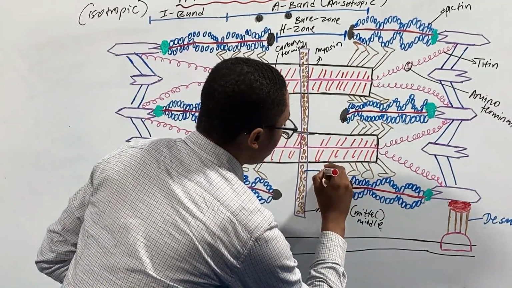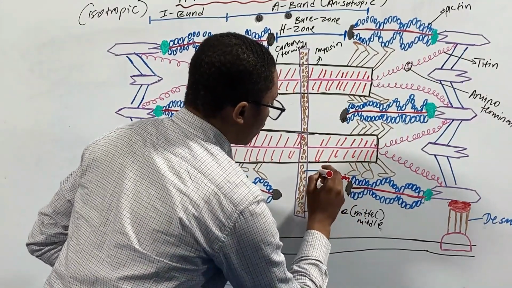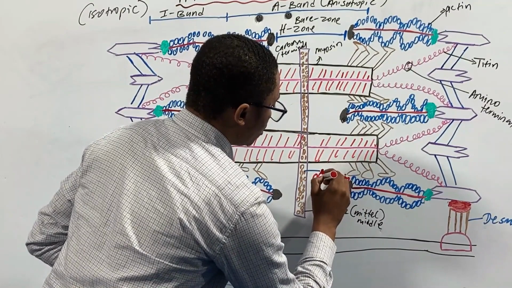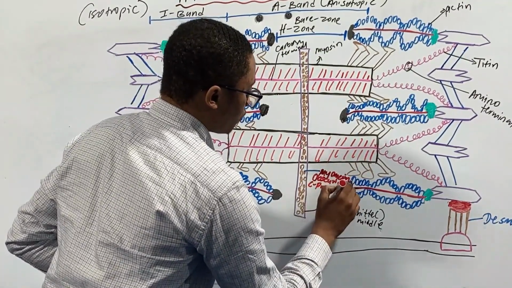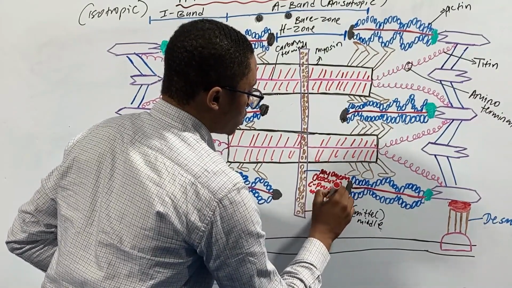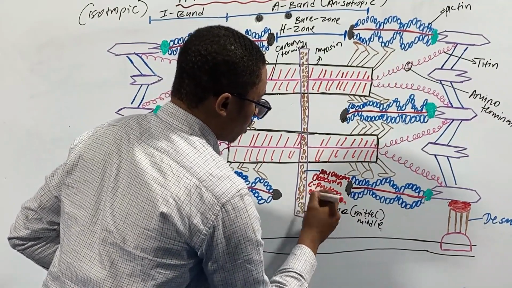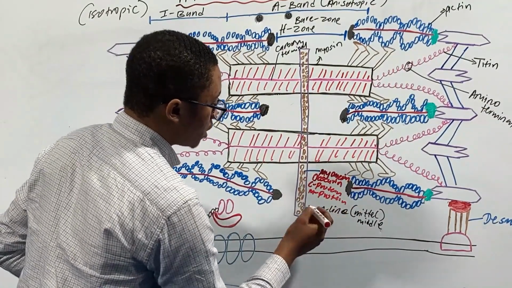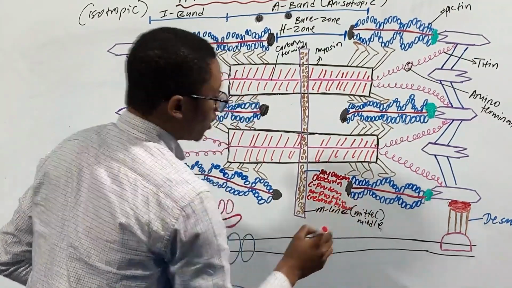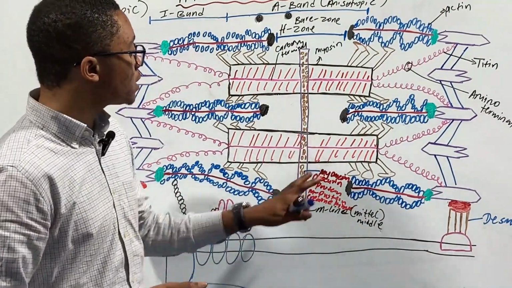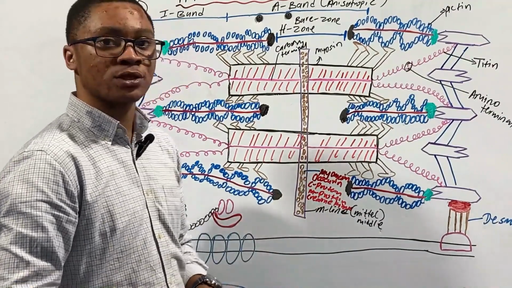We have myomesin, obscurin, the C proteins, the M protein, and creatine kinase. So these are the M-line proteins.